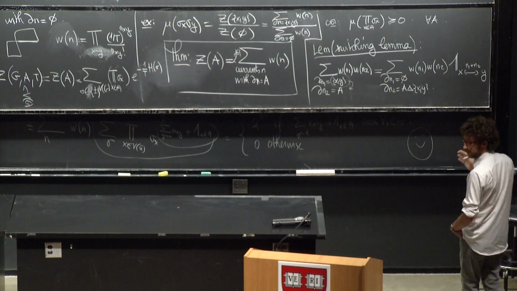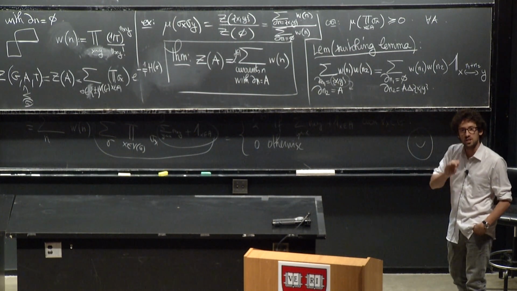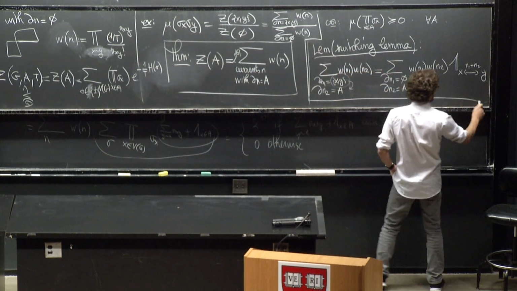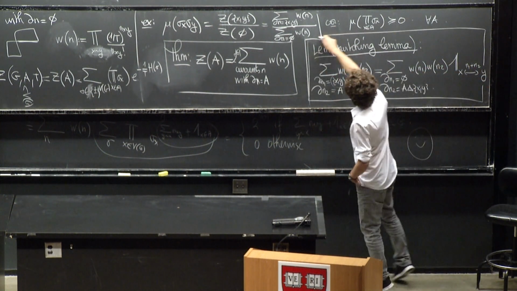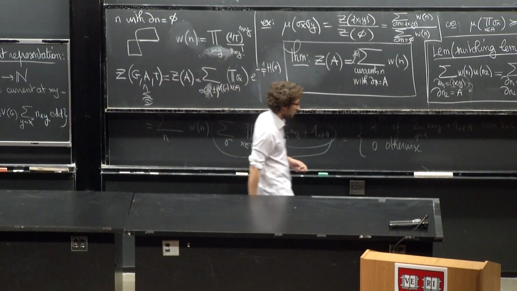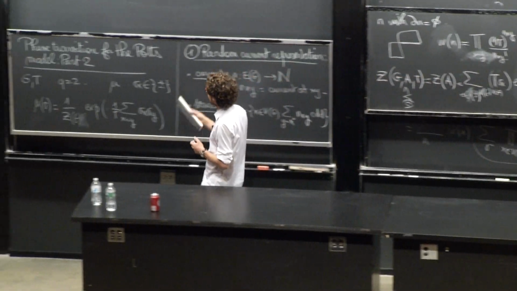This is an equality. And it's a beautiful combinatorial argument. It's a one-page proof. It's completely elementary. I do not have time to present the proof here, but it's really very simple. It's basic. I'm not hiding any demon there. It's a very simple thing. So why is it useful now?